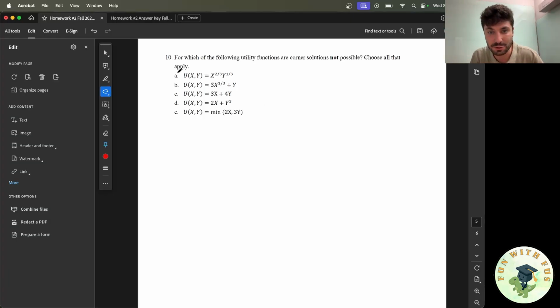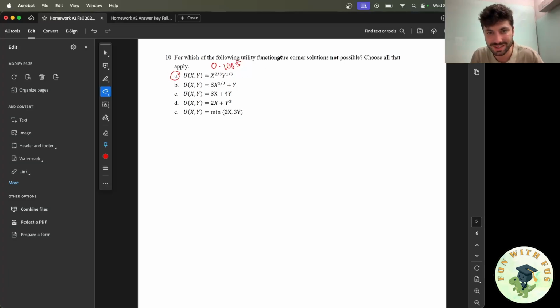You should know that for Cobb-Douglas, a corner solution is never possible, because if I plugged in 0 for either of these, then the whole thing becomes 0 because they're multiplied together. If I did 0 times whatever y is, it could be 100, so 0 times 100 to the 1/3 is still 0.